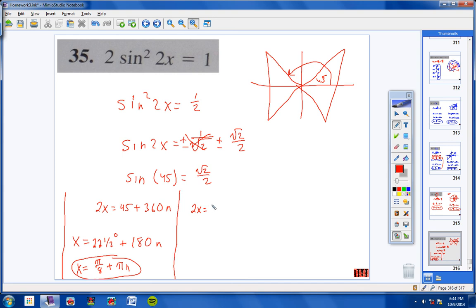Okay, 2x equals 135 degrees plus 360n, and divide everything by 2, and you will get 67.5 degrees plus 180n. And if you take 67.5 degrees and convert that to radians, you actually get an exact fraction.